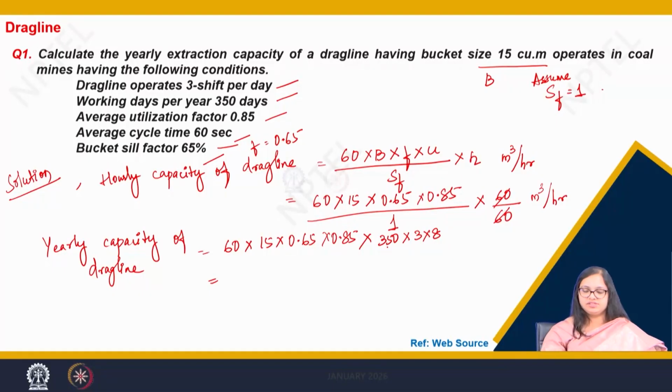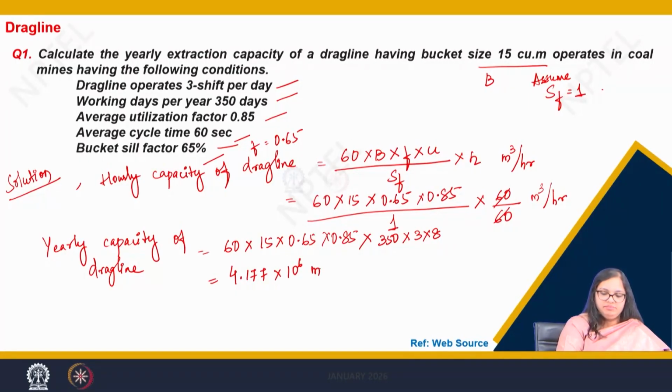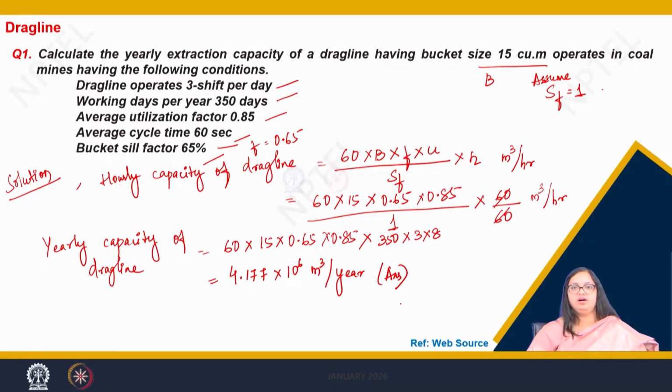So this gives us the final value 4.177 into 10 to the power 6 meter cube per year. So this is the final answer.